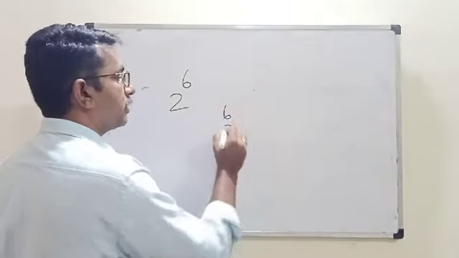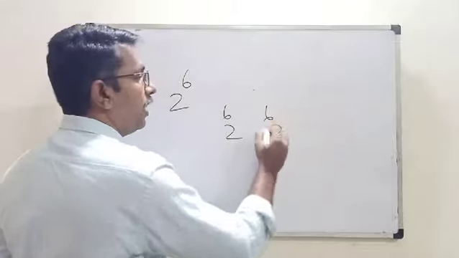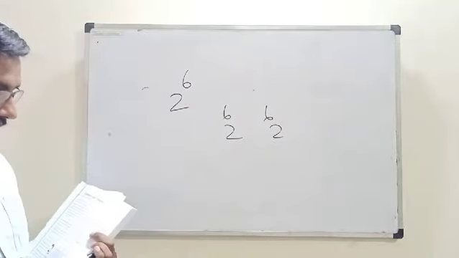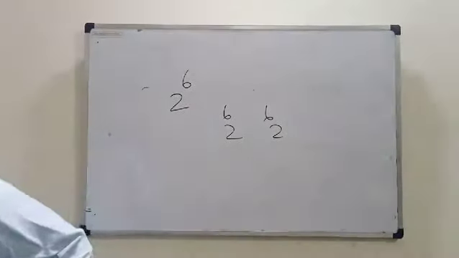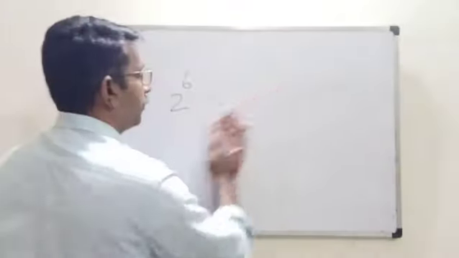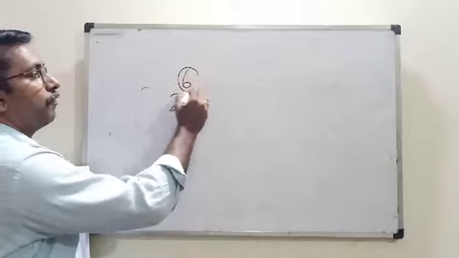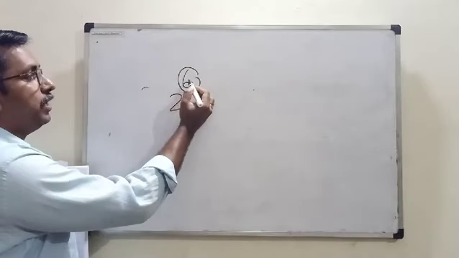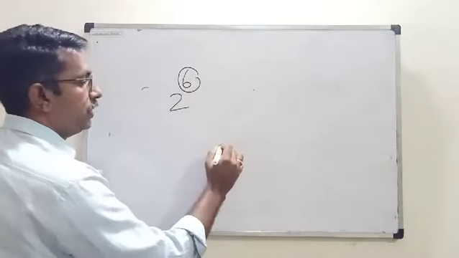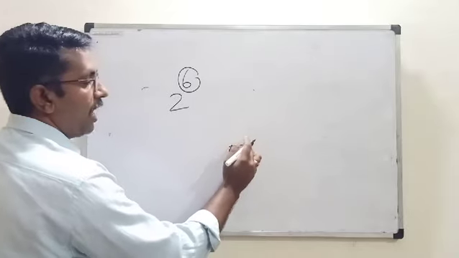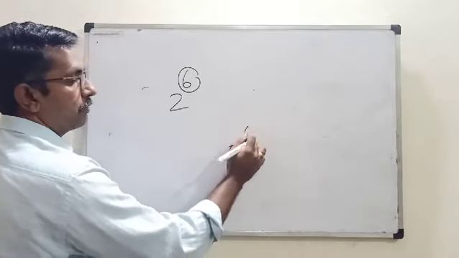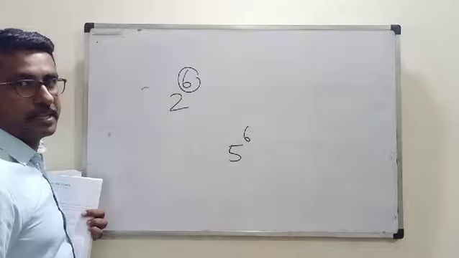Can you write it like this? No. The exponent should be written at the right top corner of the given number. Right top corner. So see this one, 5 to the power 6.